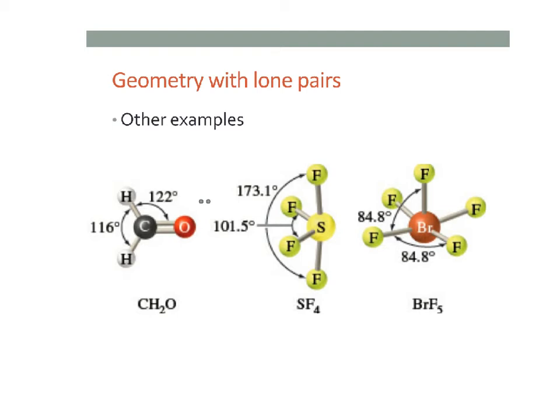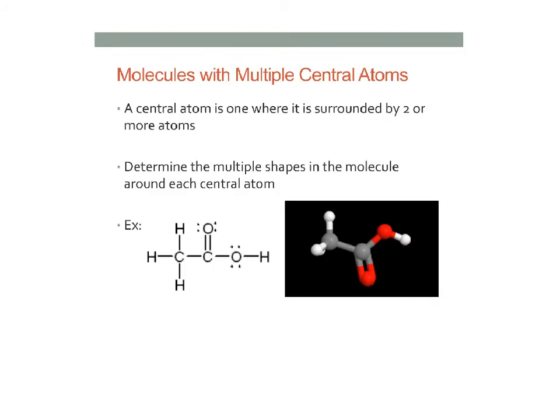Over here, this is octahedral because the sixth electron domain is a lone pair that's not shown. But notice the bond angles are not 90 degrees. They're something less than that because this lone pair that's not drawn here is what's pushing all these fluorines closer together. Like I said, you don't need to memorize specifics. You just need to know, oh, it's less than because it has a lone pair. It's smushing the atoms closer together.